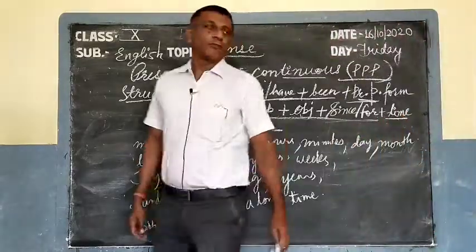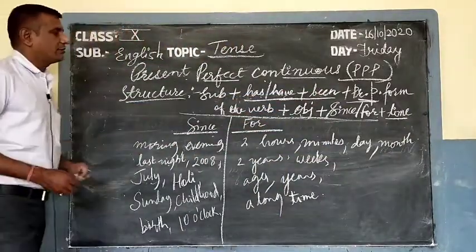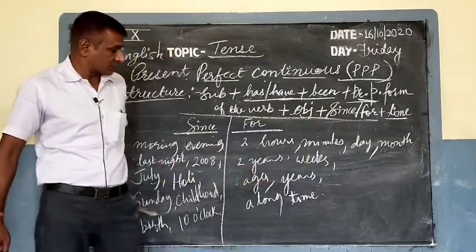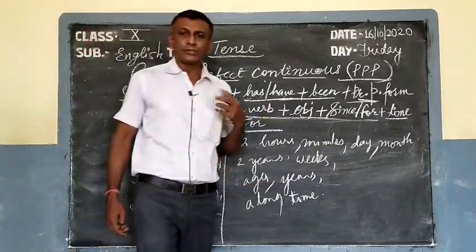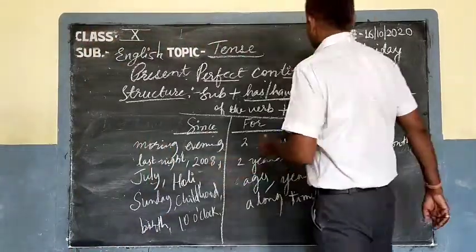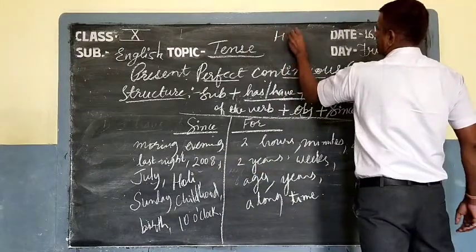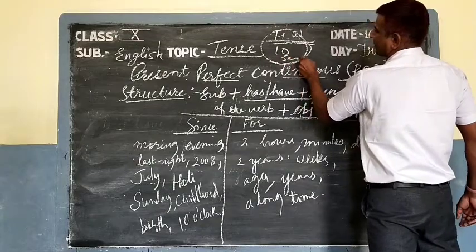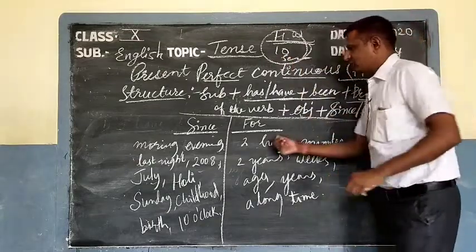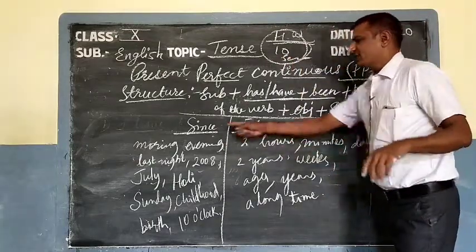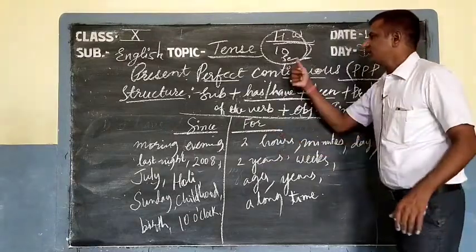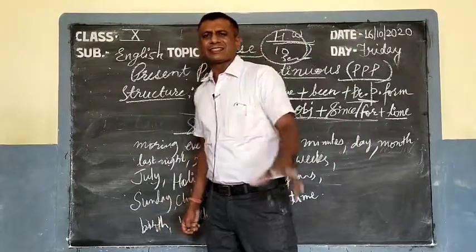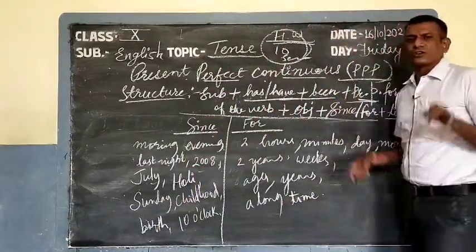Now, present perfect continuous: I have given you 2-3 examples of sentences and the use of since and for. So now what you will do is write your own 10 sentences of present perfect continuous using since and for. 5 with since and 5 sentences with for.